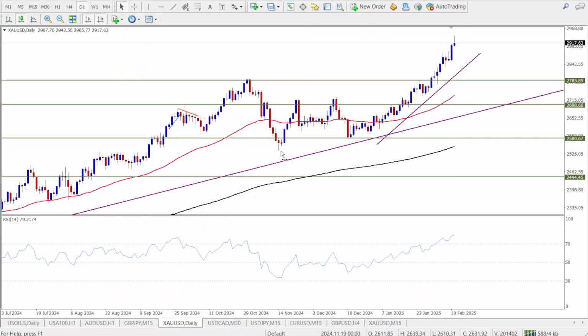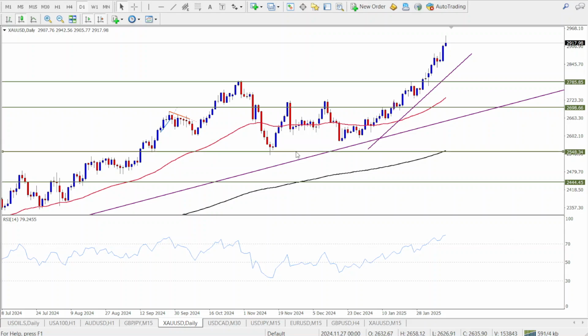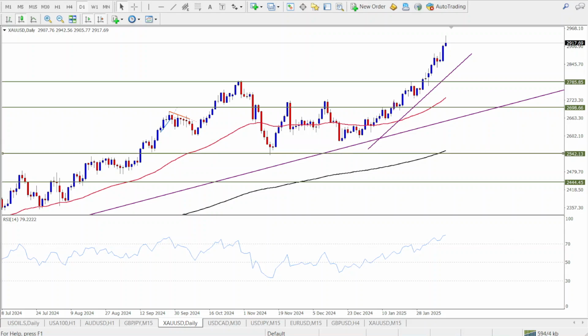You can see that we had a pin bar. Can you see that we had a rejection around this support, and right after that rejection, we had price climb back up to this resistance. So it is important to watch out for candlestick patterns around key levels like support and resistance levels in order to confirm potential trade setups.